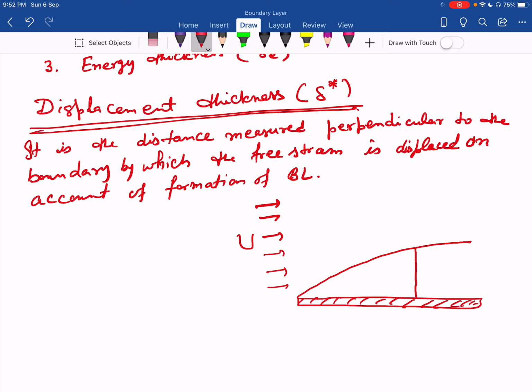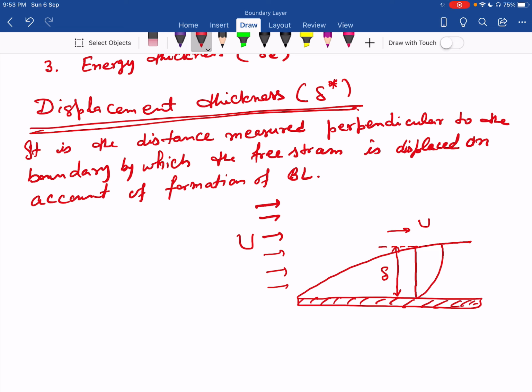Within the boundary layer, the velocity variation is parabolic in nature, and beyond this, the velocity of the stream is almost U. We can call this delta, the boundary layer thickness.